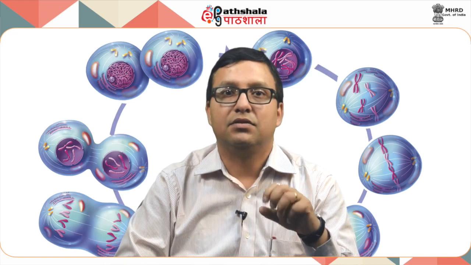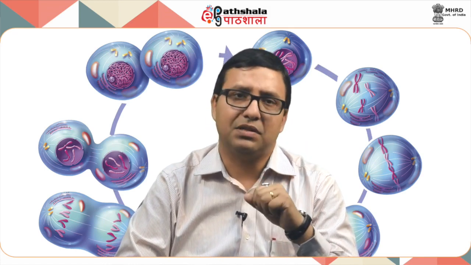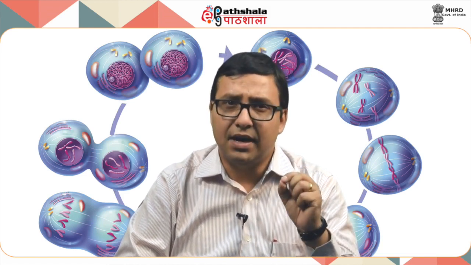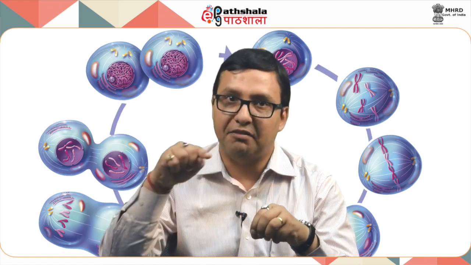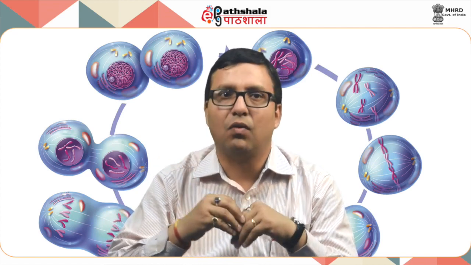Cytokinesis is the final stage of mitosis. It differs between a plant cell and an animal cell. In the case of a plant cell, it starts in the center and then moves towards the periphery, meaning towards the lateral wall.